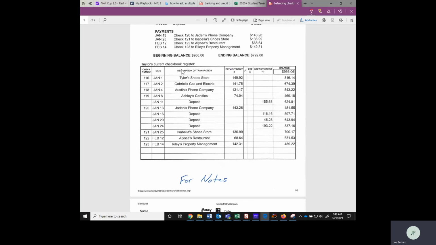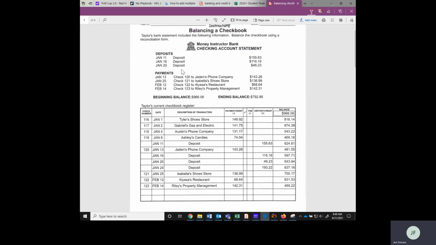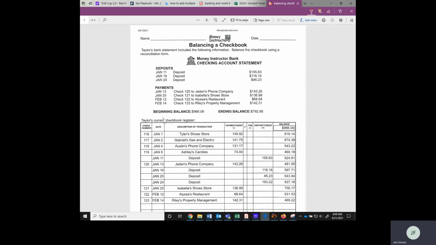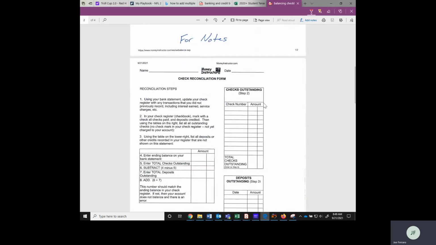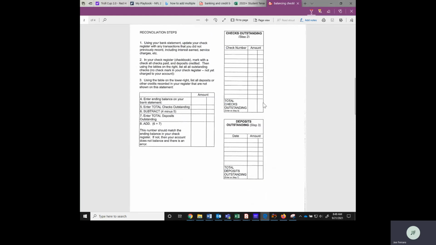This would actually not all be on one page in real life. There'd be one page that would be the bank statement, one page that would be your checkbook register. On the back of your bank statement would be something like this, and we'll use this in a second. This is to help you balance your checkbook, and I'll show you how to use that in a second.